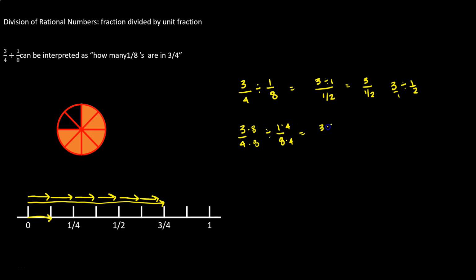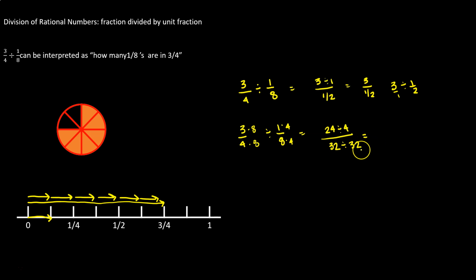We have 3 times 8 divided by 4. So that would look like 24 divided by 4 on top. And then on bottom, we'd have 4 times 8, which is 32, divided by 8 times 4, which is 32.